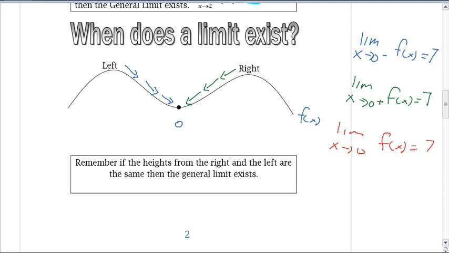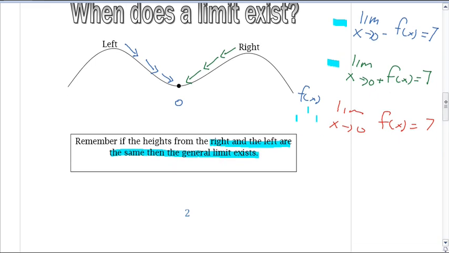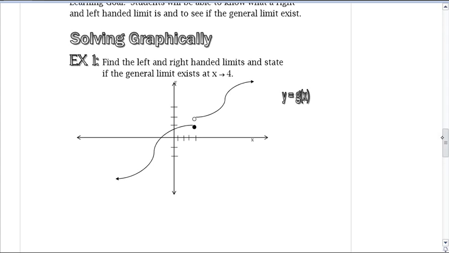Very nice, very easy, but a lot of people forget to show the left, the right, and then bam, therefore the general limit exists. So remember, if the height from the right and the left are the same, then the general limit exists. Okay, let's go to our first example.